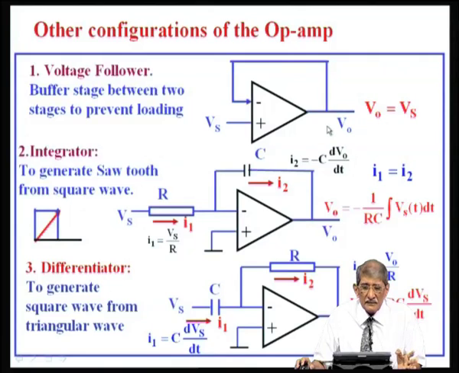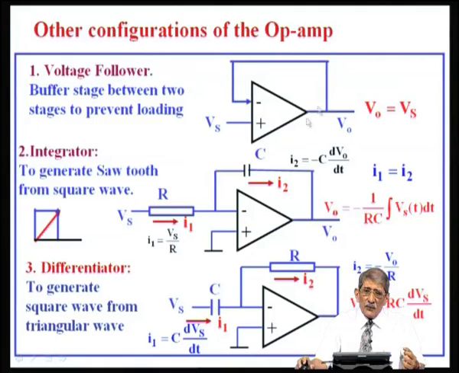What is the use of this? You can use it as a buffer. If I connect this to the output stage of a previous amplifier, because it has very high input resistance, it will not draw any current. So, I can connect this in between one stage of an amplifier and the next stage of a signal conditioning circuit or a measuring circuit.